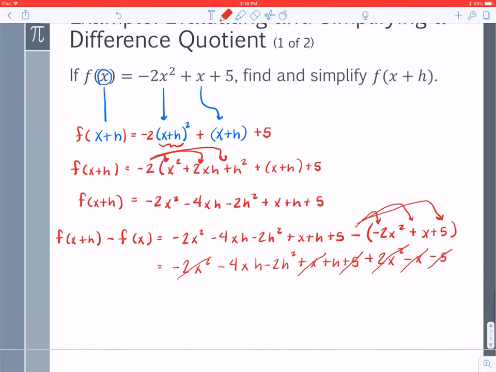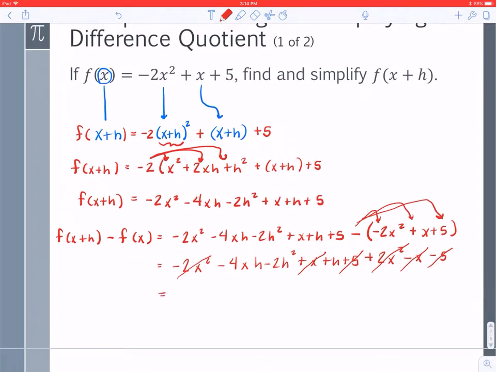So what I'm left with here is minus 4xh minus 2h squared plus h. So there is the expression for f of x plus h minus f of x. Now I need to take this expression and divide it by h to get the difference quotient.